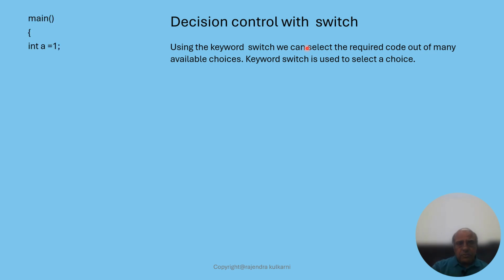A small explanatory example, not a program. Int a is assigned a value of 1. Then switch is the keyword, and in the brackets the name of the variable appears.